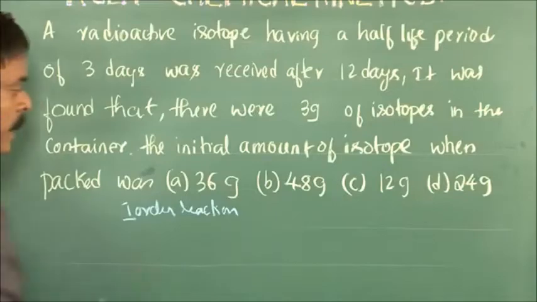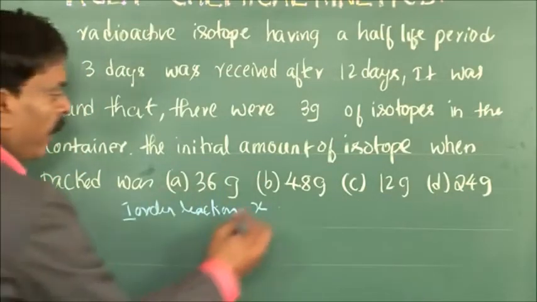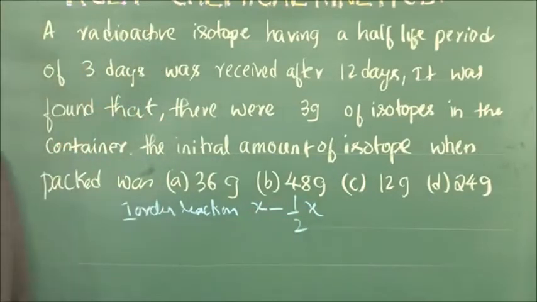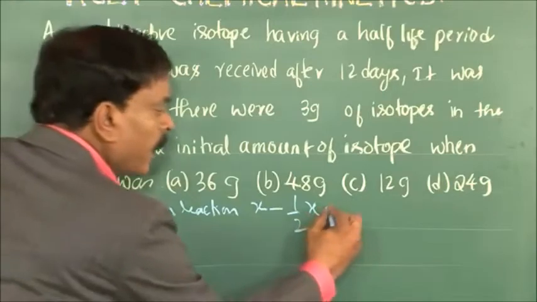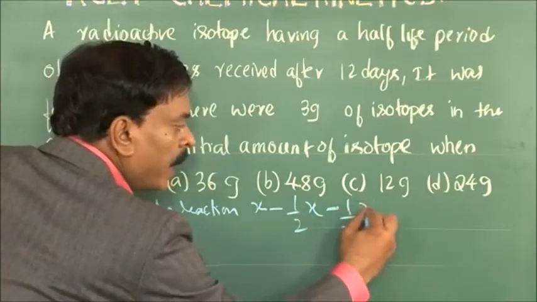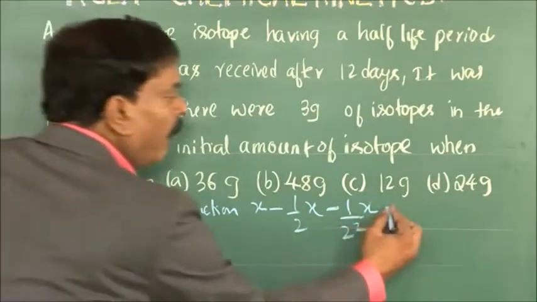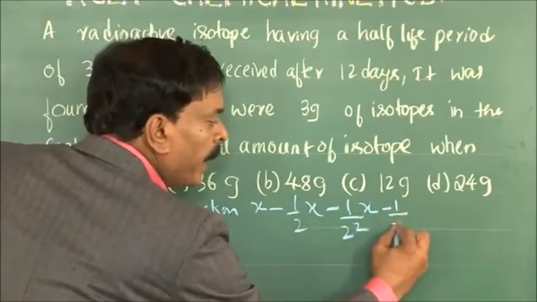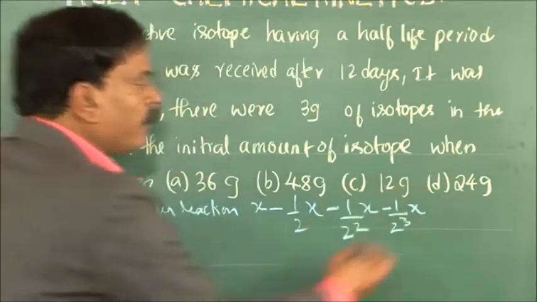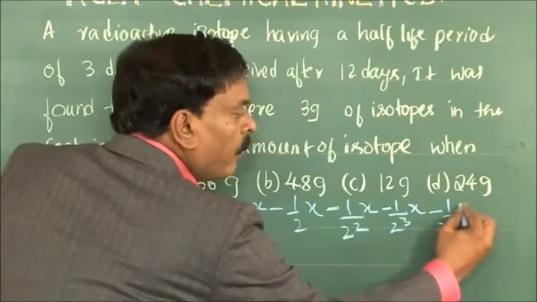Supposing the initial amount is X, in the first half-life period it becomes half of X. In the next half-life period, it becomes half of this, that is 1/4 or 1 by 2 squared X. Extending the same logic, after 3 half-life periods, the amount left behind will be 1 by 2 power 3 into X. And after 4 half-life periods, it will be 1 by 2 to the power 4 into X and so on.